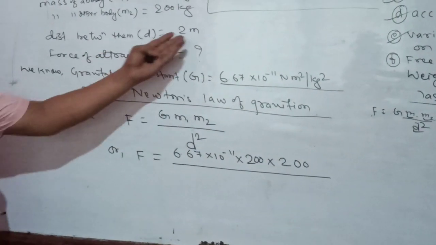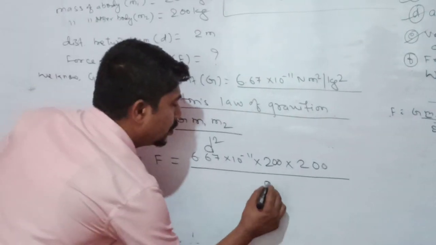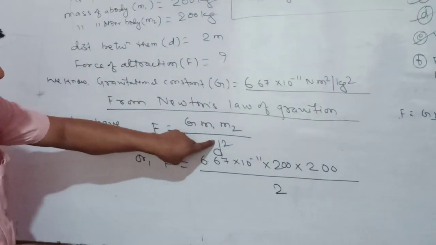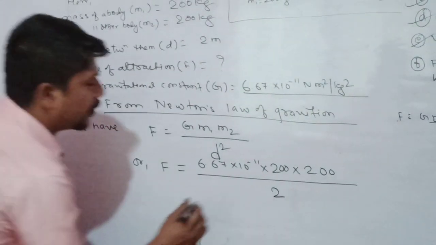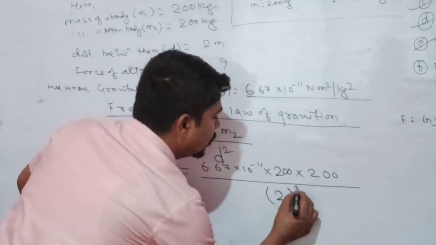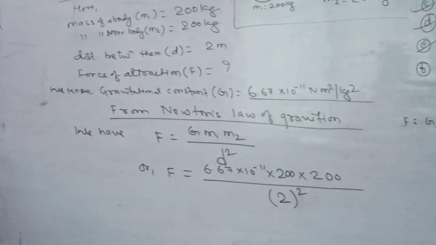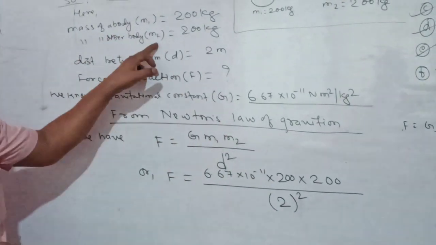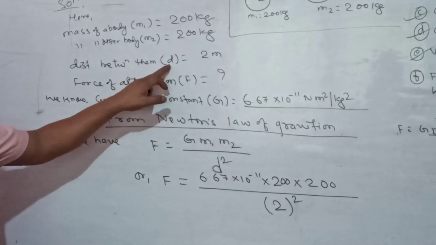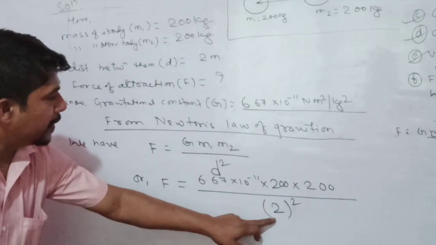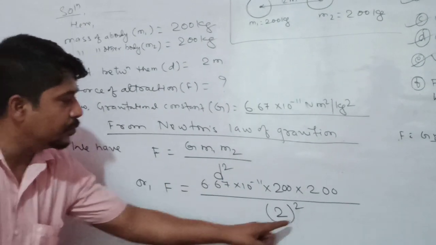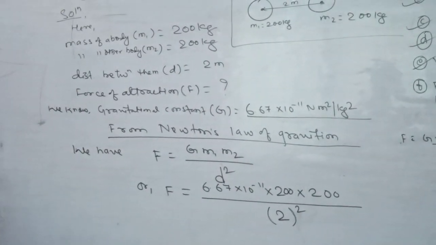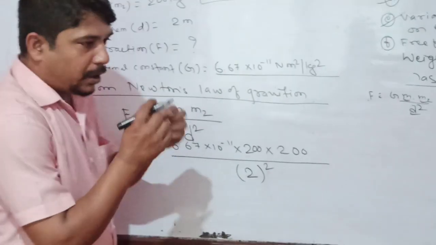The distance is 2 meter, but the formula has distance squared, so we write 2 square.